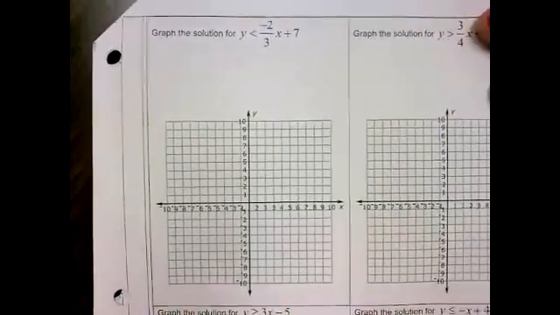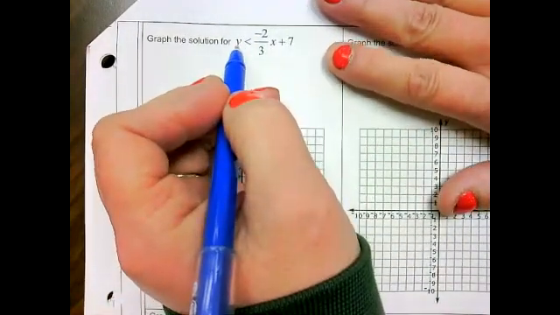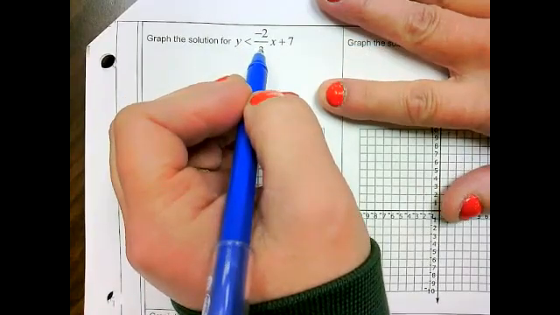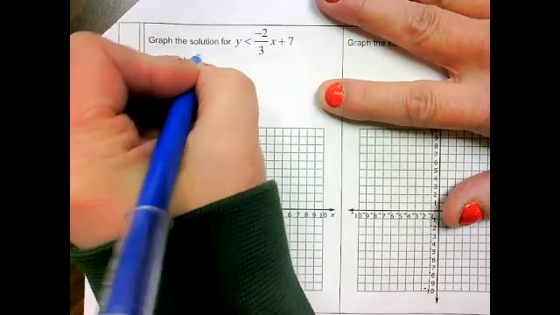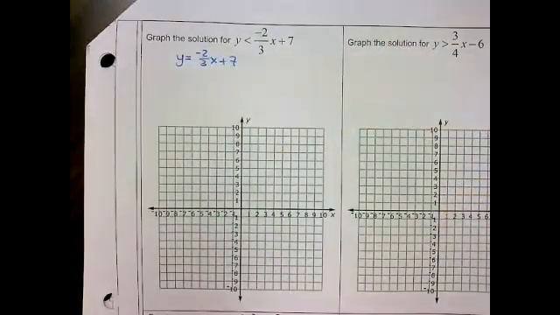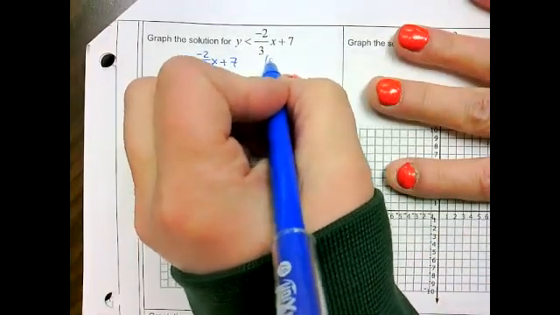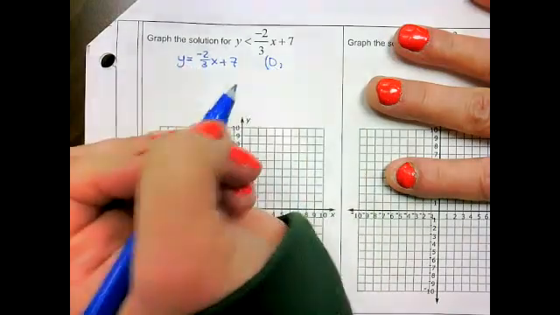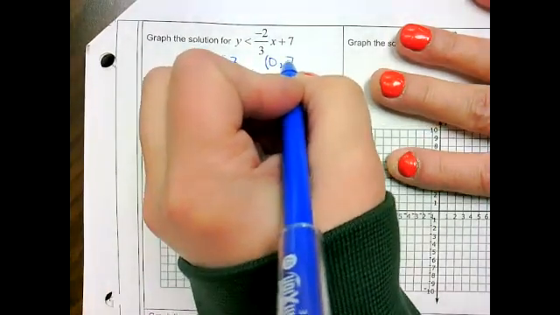So let's go ahead and work some problems, and I'll show you how this works. The first thing here, we have an equation, y is less than negative 2 over 3x plus 7, which is very similar to a line, y equals negative 2 over 3x plus 7. So we're actually just going to graph that line first. My first step, I need my y-intercept, which remember is always an x value of 0, and then it's that number right there.